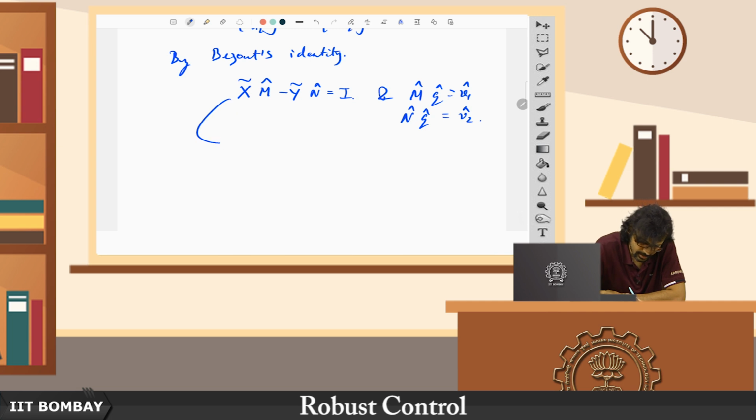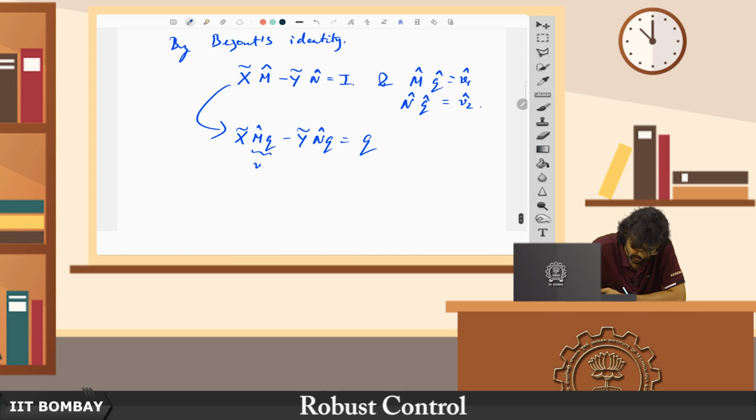So, what does this lead us to? Suppose we multiply on the right by q hat. Then this leads us to x tilde m hat q hat minus y tilde n hat q hat is equal to q hat itself. But now this can be replaced by v1 hat, this can be replaced by v2 hat, so that we have x tilde v1 hat minus y tilde v2 hat is equal to q hat.